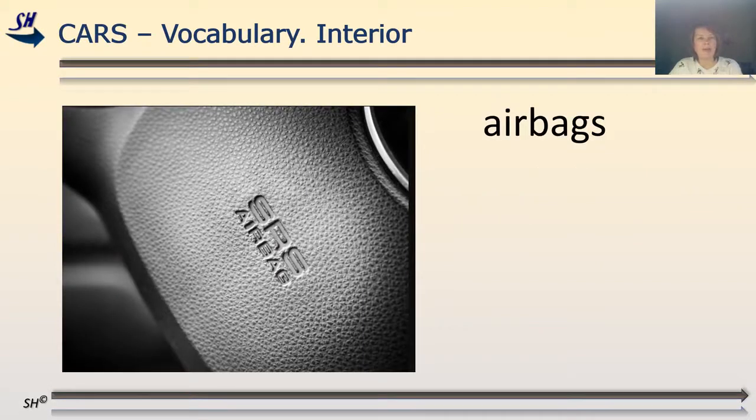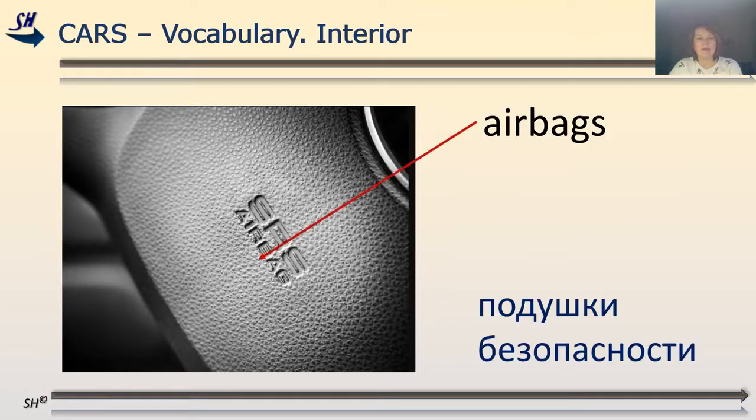We have airbags. An airbag is a construction that prevents you from hurting yourself when, touch wood, hopefully not, you have an accident. Airbag or airbags. Modern cars have several airbags.